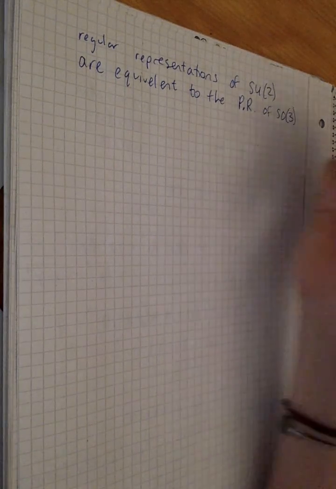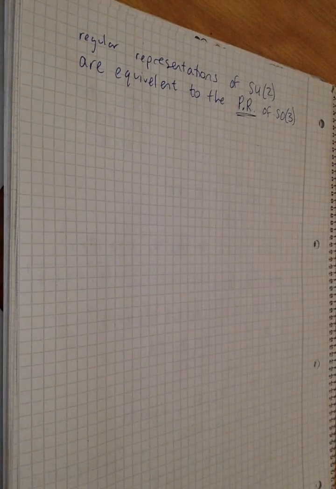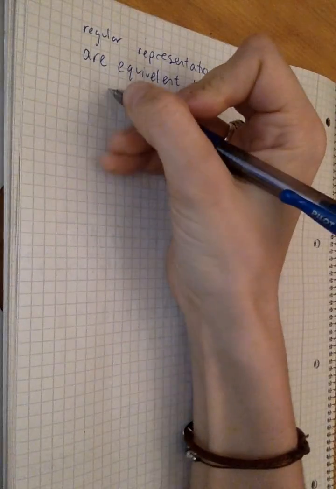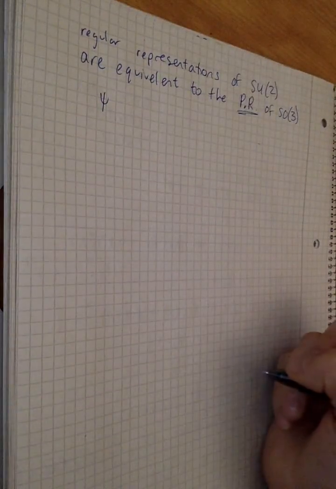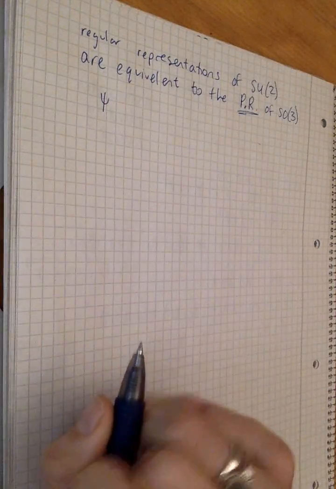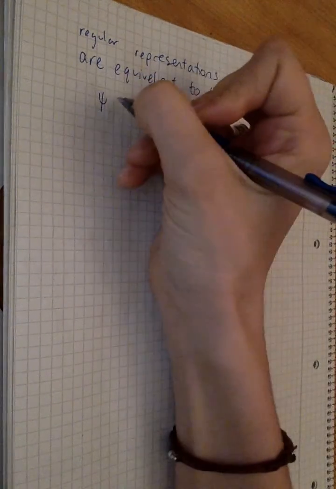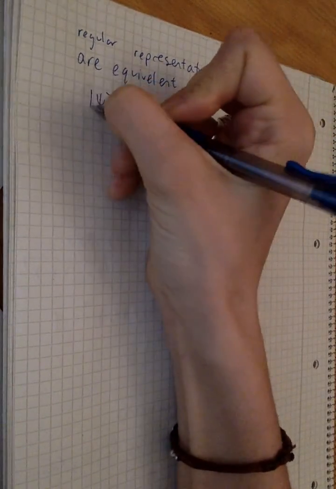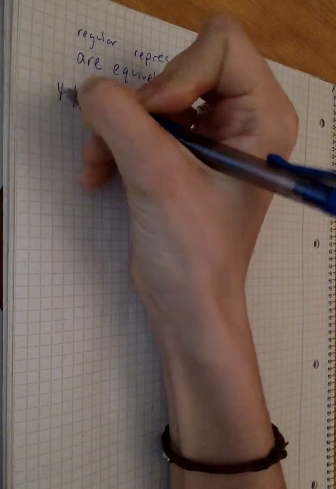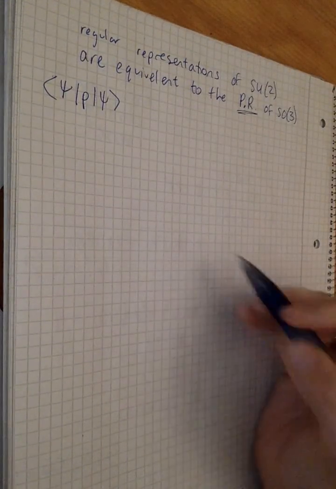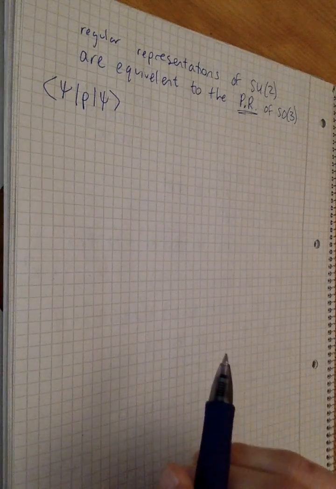What is a projective representation? Let's look at quantum mechanics for a moment. In quantum mechanics, we have states. We have state psi. If we want to take the expectation value of momentum, say, in some state psi, then we take this inner product like this to find the expectation value.